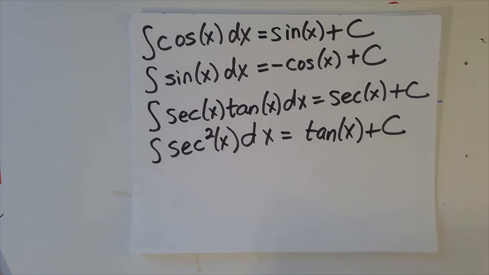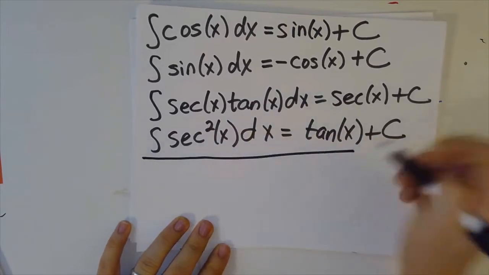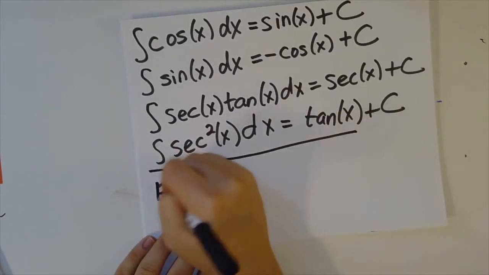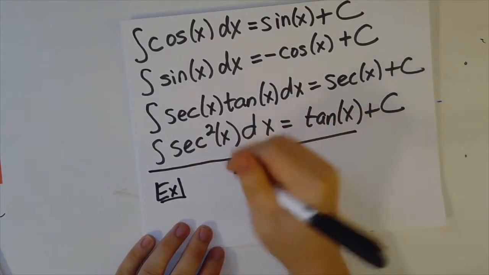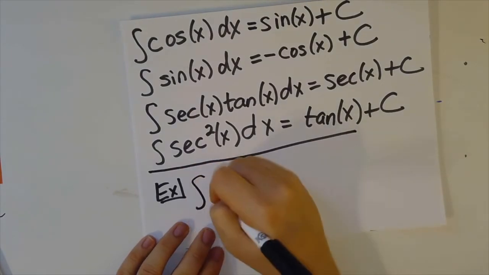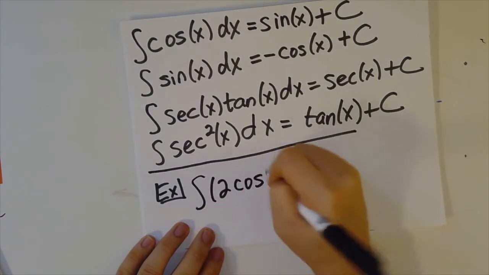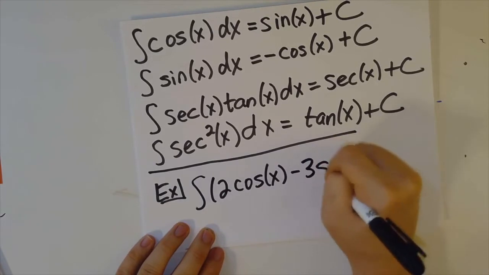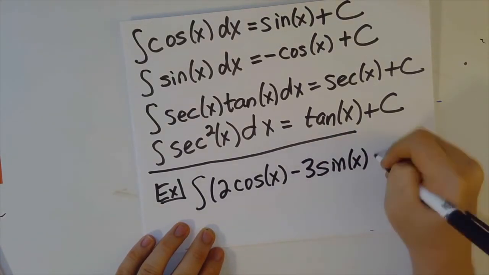Okay. So with that, I want to just do a couple examples here. So first up, let's do the integral of 2 cosine of x minus 3 sine of x plus 9.